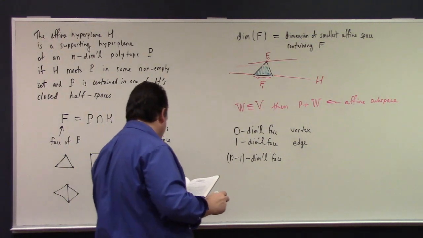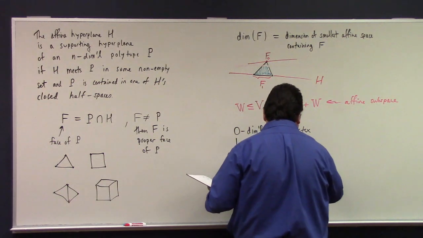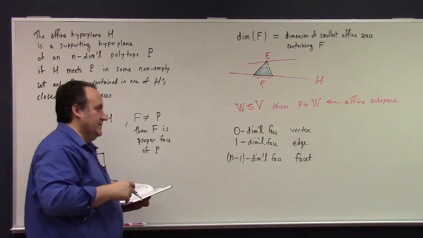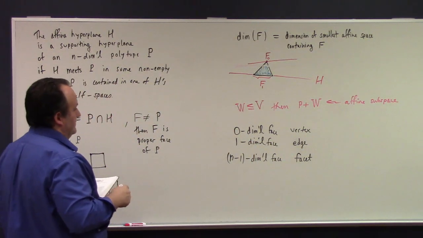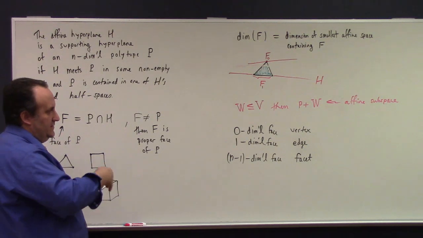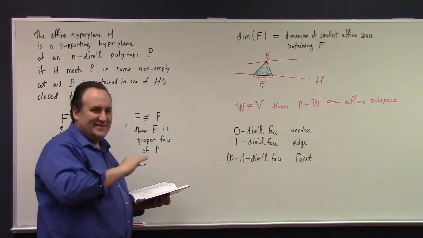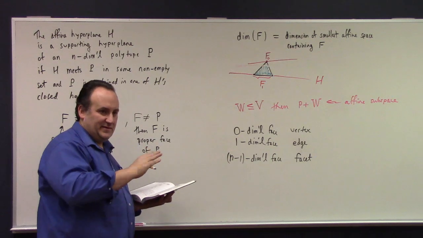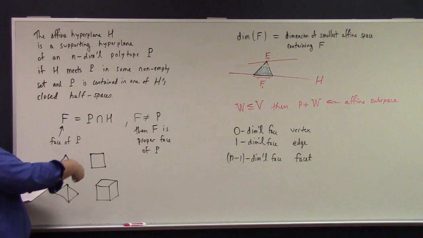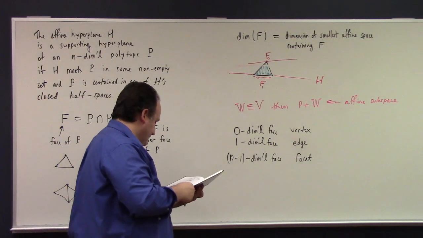All right, so an n minus one dimensional face is called a facet. That depends on codimension, right? So like a plane in 3 dimensions is a facet. A two-dimensional face in a 3-dimensional polytope, like a face of the cube in 3 dimensions, is a facet. All right, great.